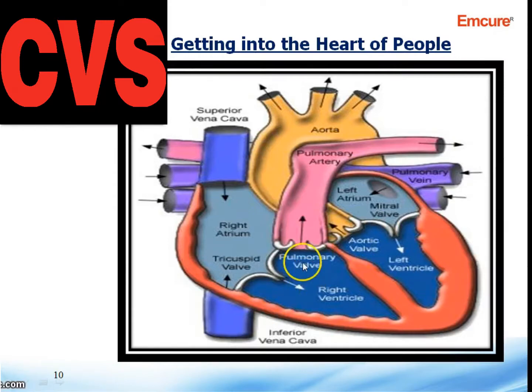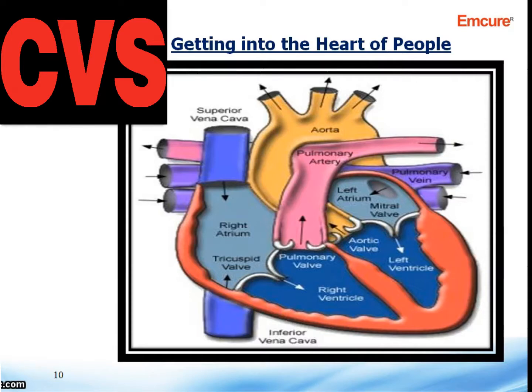Now we have a pulmonary valve which is guarding the opening of the pulmonary artery, which originates from your right ventricle. It carries deoxygenated blood to the lungs, where this blood gets oxygenated or purified.